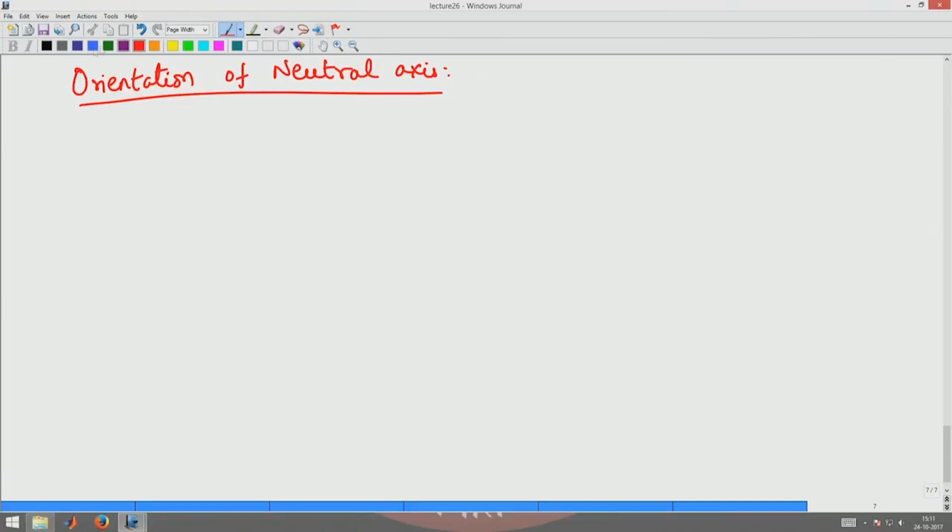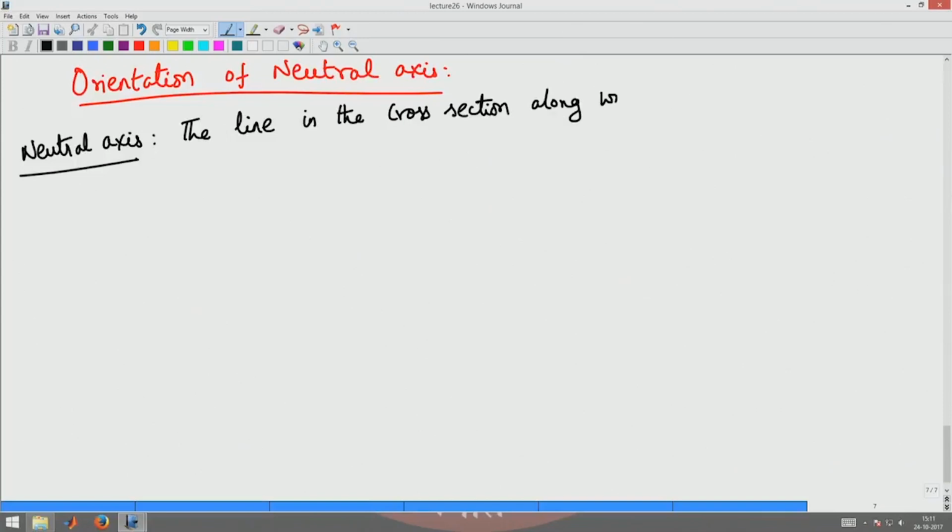We saw the definition that the neutral axis is the line in the cross section along which the normal axial stress is 0.